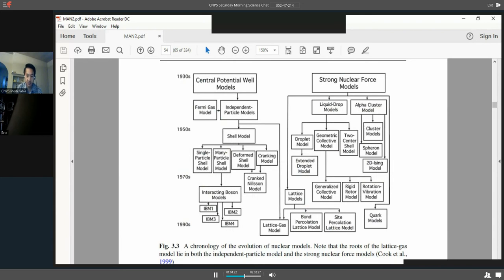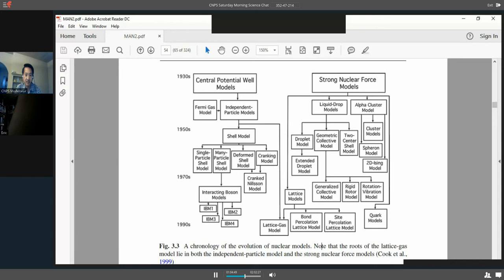So this is the history of the evolution of nuclear models here. One half is strong nuclear force models, where we have the liquid drop model. We have central potential well models, which I guess don't have the strong force. So I'm not quite sure. I thought all of them. These are shell model.